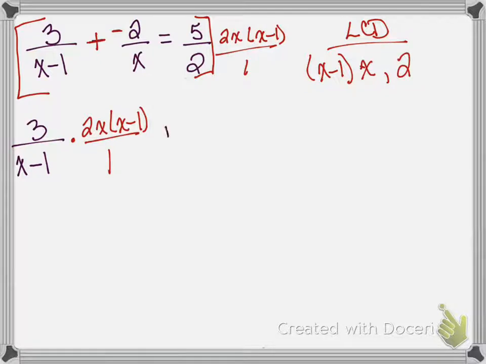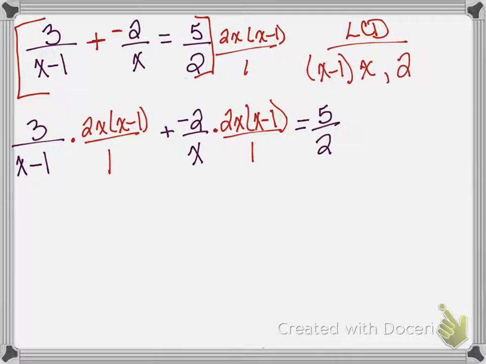Then I have plus negative 2 over x, and I am multiplying that times 2x times x minus 1. And then I've got equals 5 over 2 times 2x times x minus 1. Okay, am I good this time? Good. Thank you for pointing that out, because I make mistakes too.